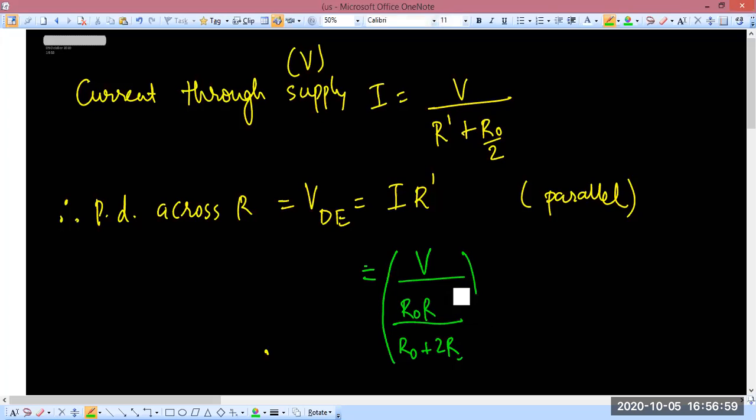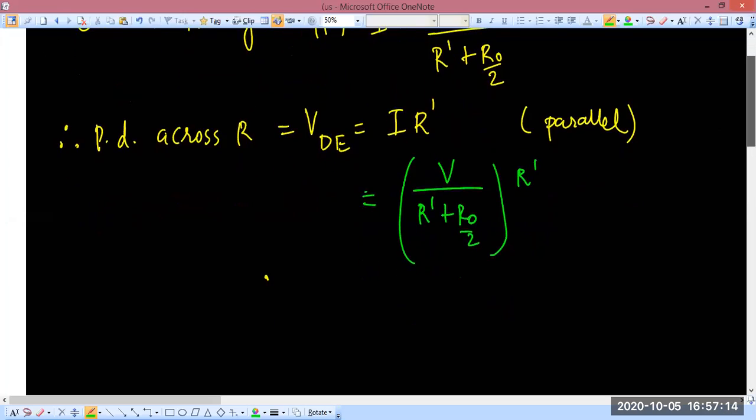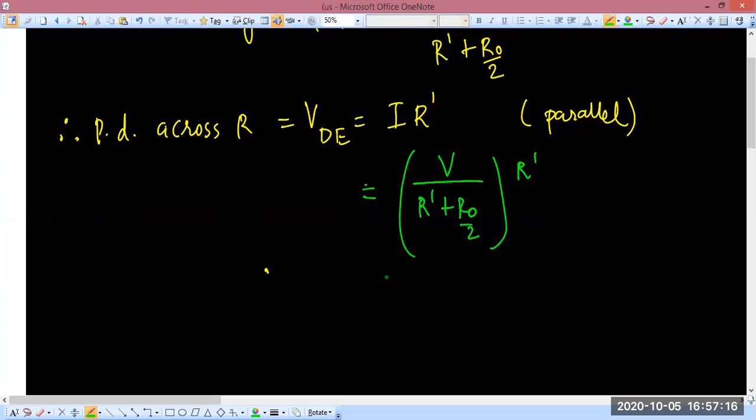Not yet, I still have to write. Just a minute. Sorry, I'll do it again. Instead of I, let's write V upon R dash plus R0 by 2 and then into R dash. I just found a simpler way, maybe. Instead of R dash, let's write R dash's value.